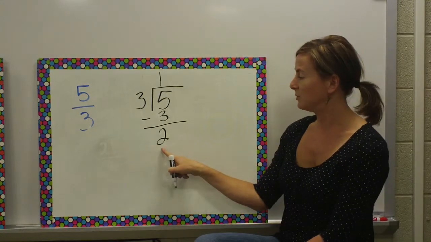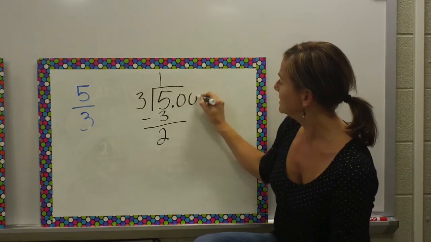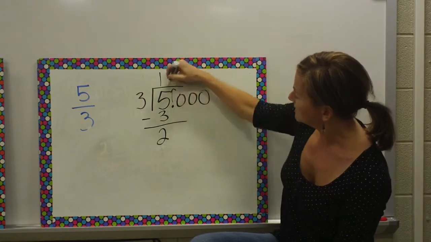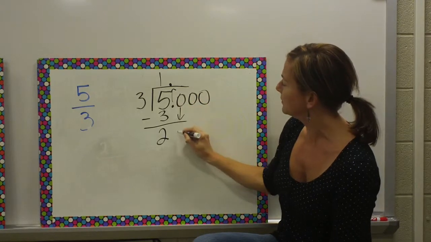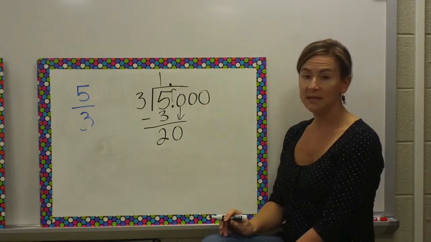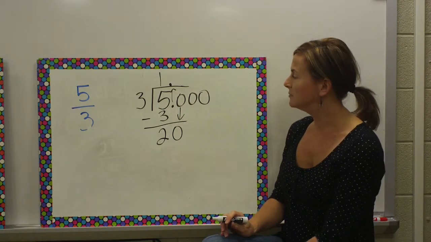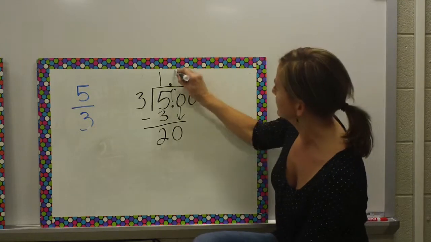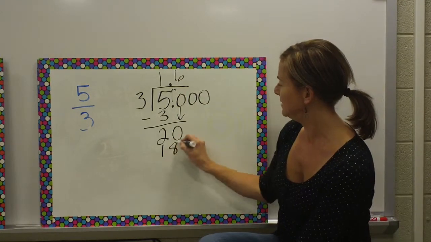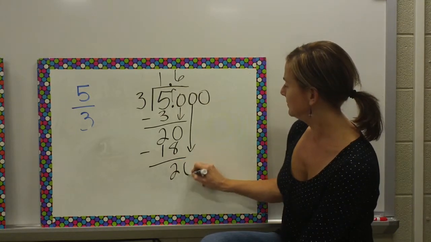Now, I can't get any 3s out of a 2, so I'm going to put my decimal point and my zeros. Bring your decimal point up, and then I can bring the 0 down. How many 3s can I get out of a 20? 3 times 7 is too much, so 3 times 6. 3 times 6 is 18, and it looks like I'm going to have a repeating.